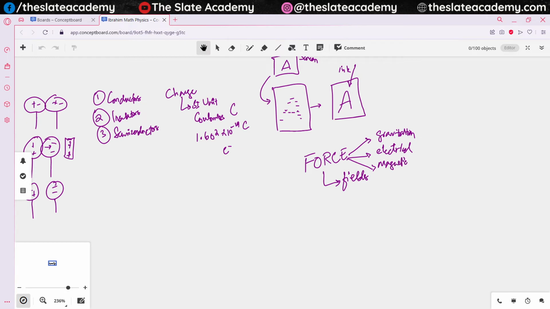So these are the three types of forces that you would study in your syllabus. What a force does is it creates a field around it. What is the field? Field is the area in which the effect of the force can be felt. The area around a force in which the effect of the force can be felt is called field.